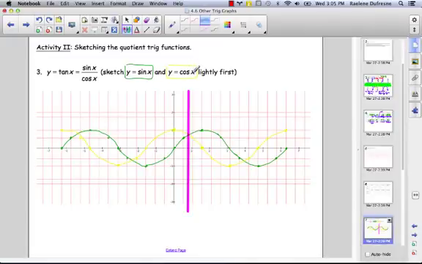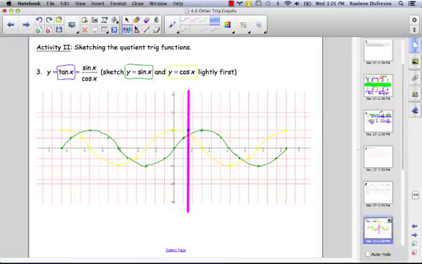And the cosine of 45 degrees is also root 2 over 2. Therefore, something divided by itself, or root 2 over 2 divided by root 2 over 2, tells us that the tangent of 45 degrees is 1. And so I'm going to draw the tangent graph in blue. And at 45 degrees, the tangent of the angle is 1.